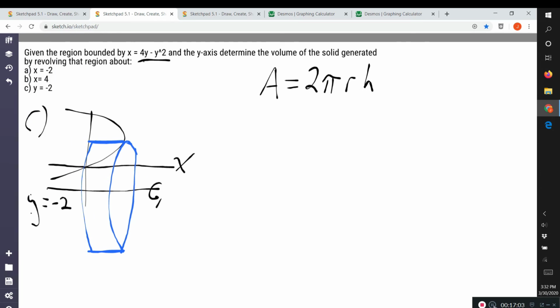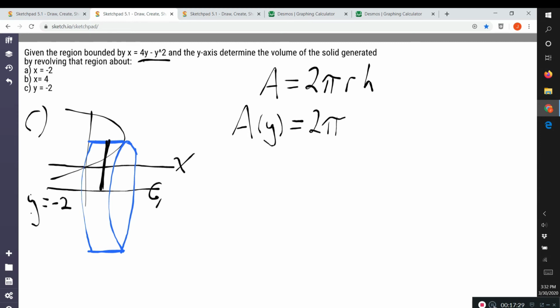So, given that cylindrical shell, working in our variable here, what is the radius? Well, the radius is the distance from the axis of rotation to the edge of the cylinder. Axis of rotation to the edge. So how do we represent that in this case?